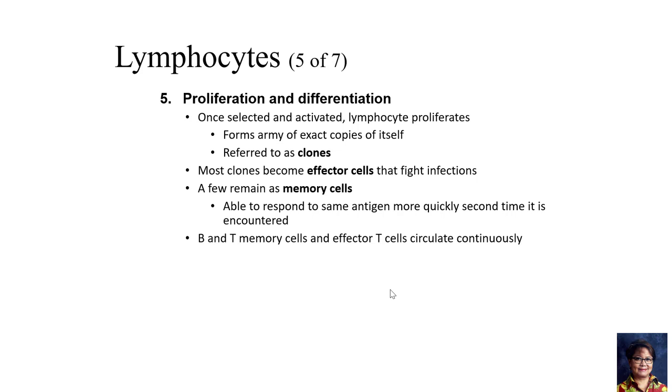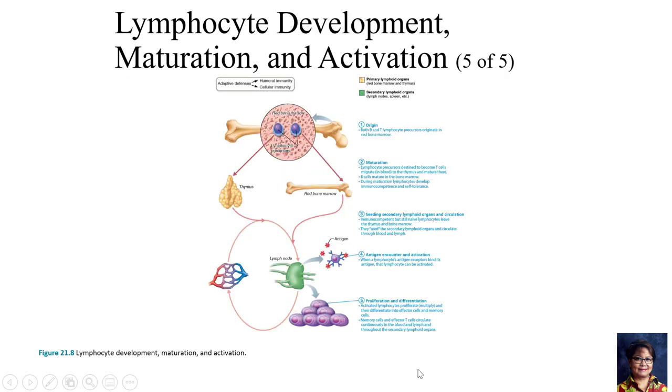And that enables them to respond to the same antigen more quickly the second time it is encountered. Both the B and the T memory cells and effector T cells actually would circulate continuously. Okay, but some of them pretty much can stay in the hubs, just like anything else.